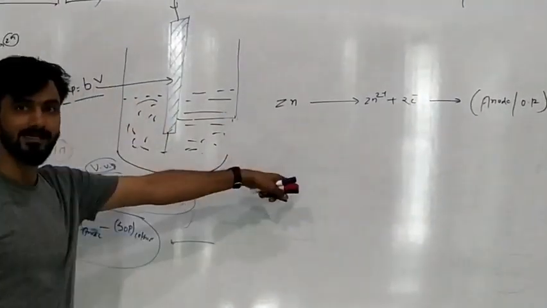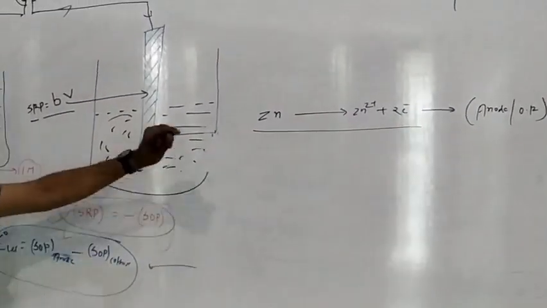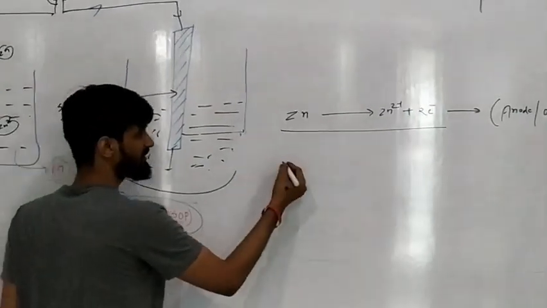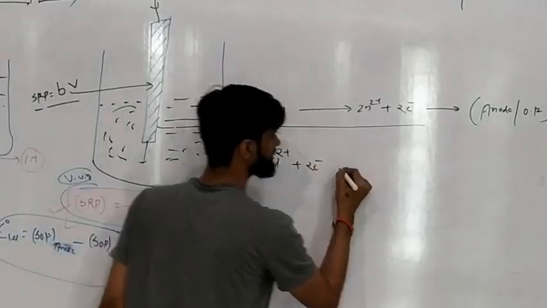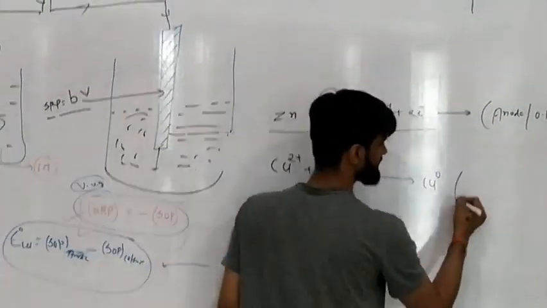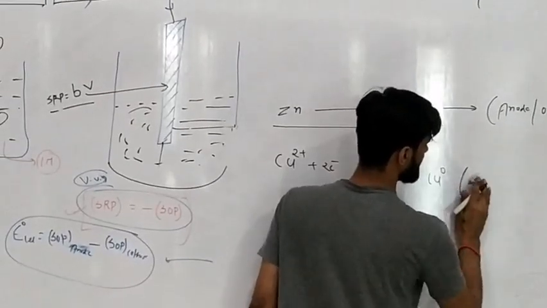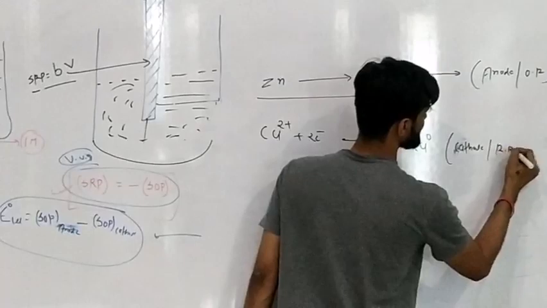On the cathode, Cu2+ ion was accepting 2 electrons and getting converted to Cu0 due to a decrease in oxidation state. This reaction is called the reduction reaction.